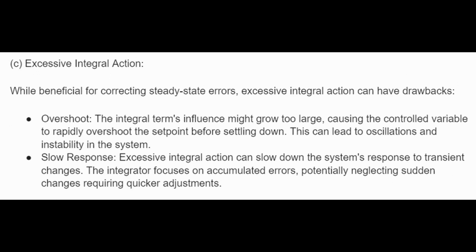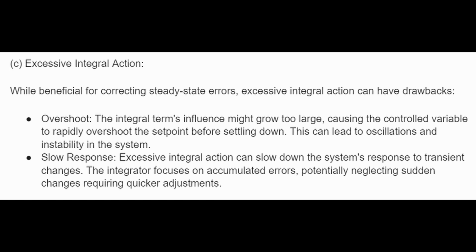C. Excessive integral action. While beneficial for correcting steady-state errors, excessive integral action can have drawbacks. Overshoot. The integral term's influence might grow too large, causing the controlled variable to rapidly overshoot the set point before settling down.